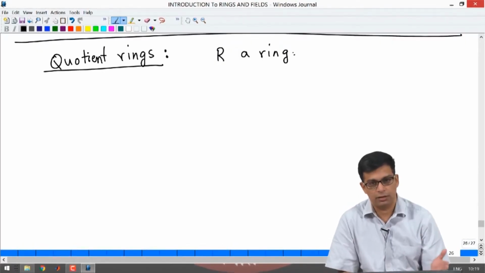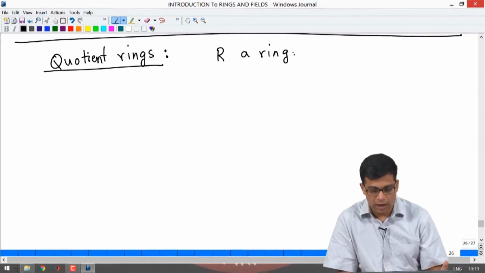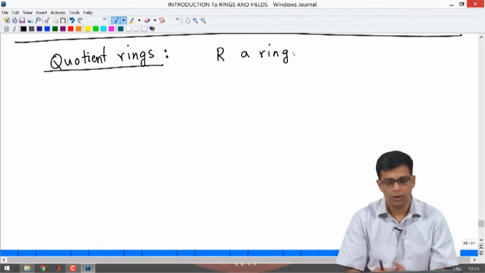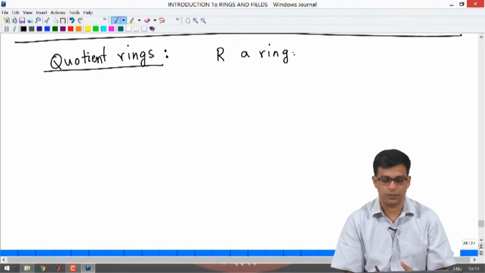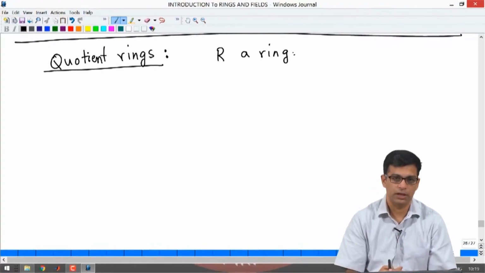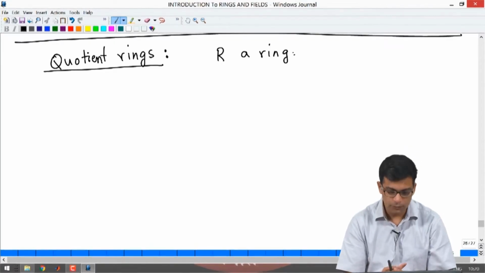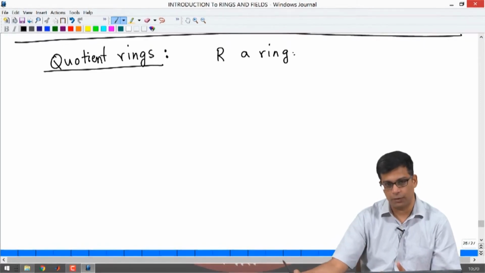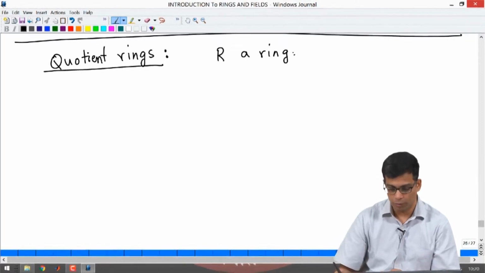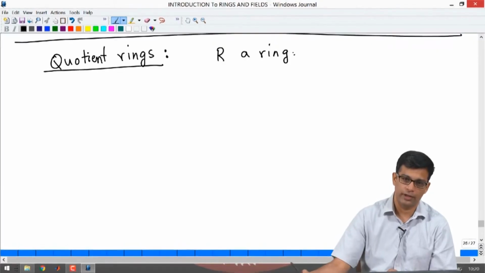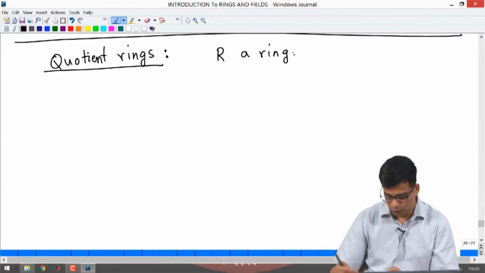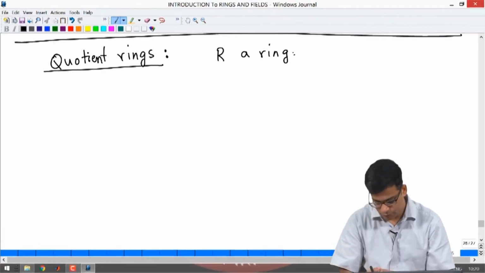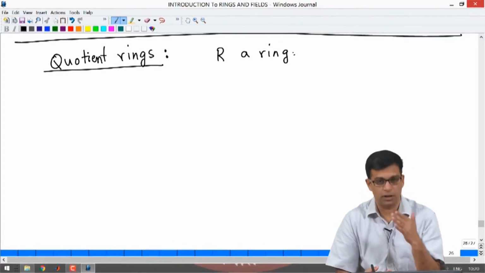But here we do the same. We will first consider the additive group R. If R is a ring, remember under addition it is an abelian group. Because it is abelian, we do not need to specifically ask for normal subgroups because every subgroup is normal. So, now we want to consider subgroups of the additive group of R and take the quotient group, but in order to give a ring structure to the quotient we need additional properties on that subgroup, and that simply happens to be the ideals.